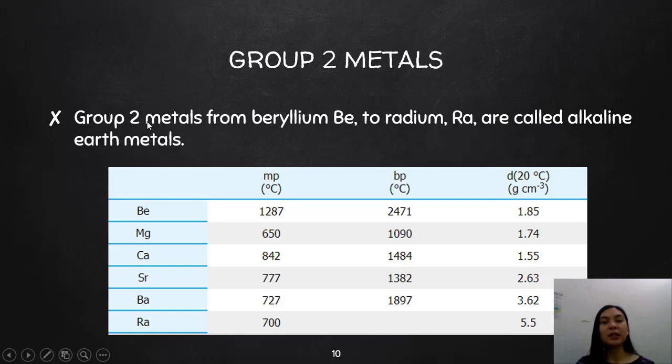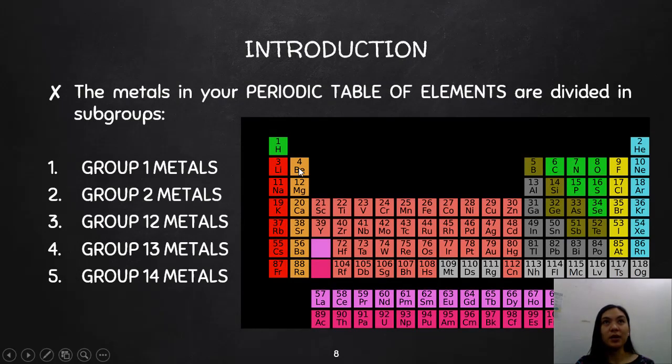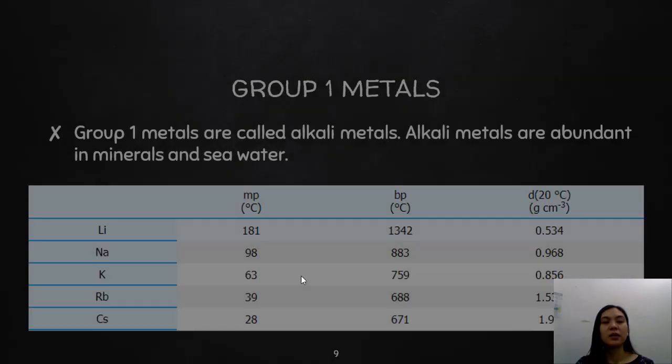So, your group 2 metals are your beryllium to radium. And they are called your alkaline earth metals. So, let's take a look again at the periodic table so that we can identify which are your group 2 metals. So, again, it's from beryllium to radium. So, there, it's from beryllium, magnesium, calcium, strontium, barium, and radium.